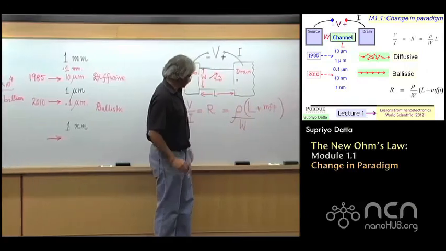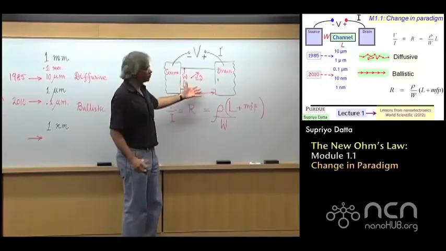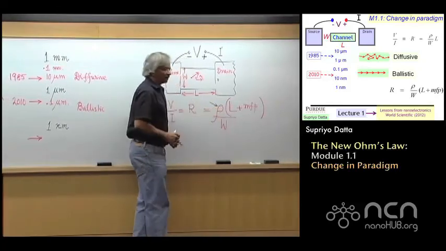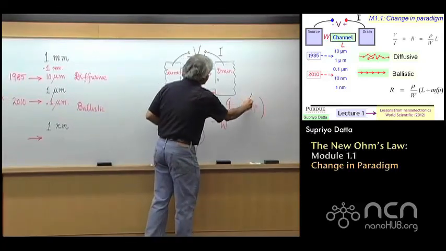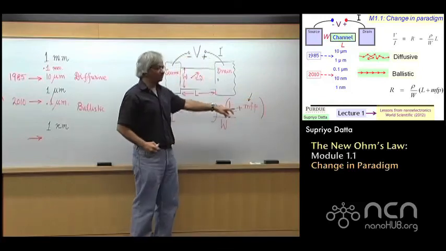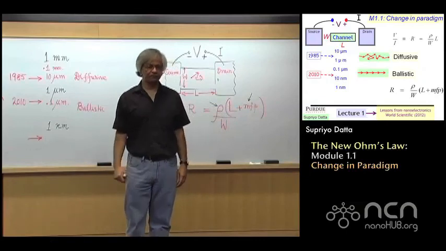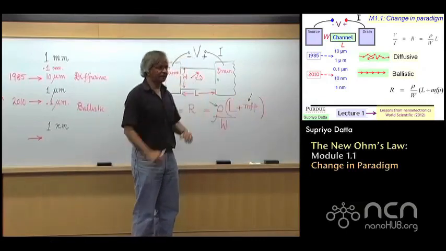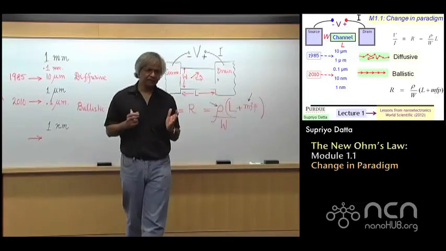And the point, as we'll see when we discuss this further, is that when you get to a short device, this doesn't mean much by itself, the resistivity. And this by itself doesn't mean much, the mean free path, because after all, electrons are going straight through. But the product means something.